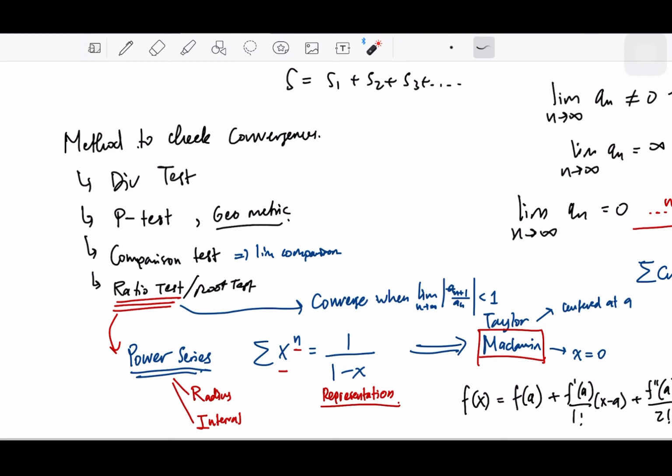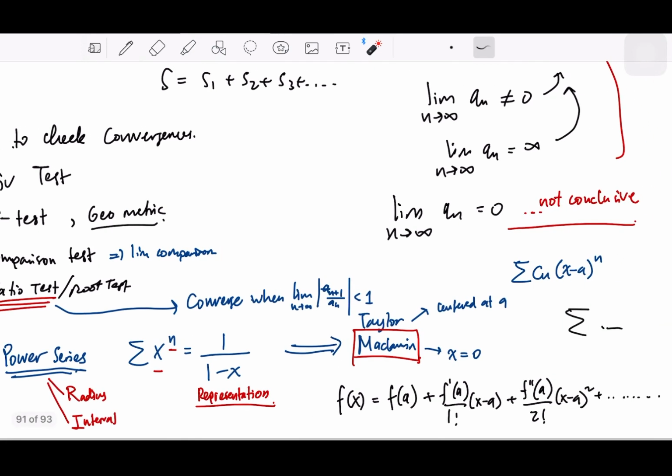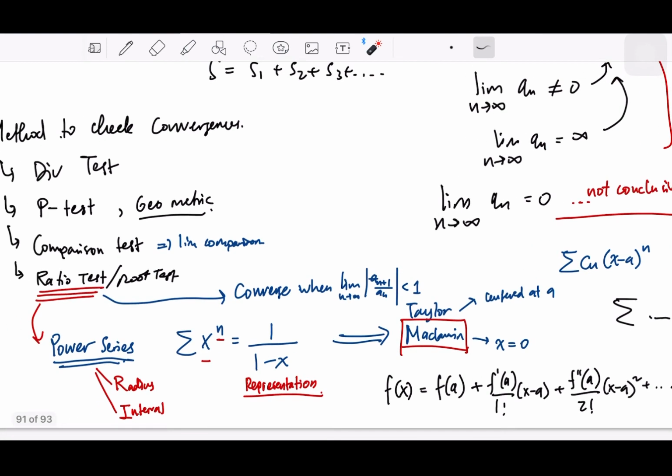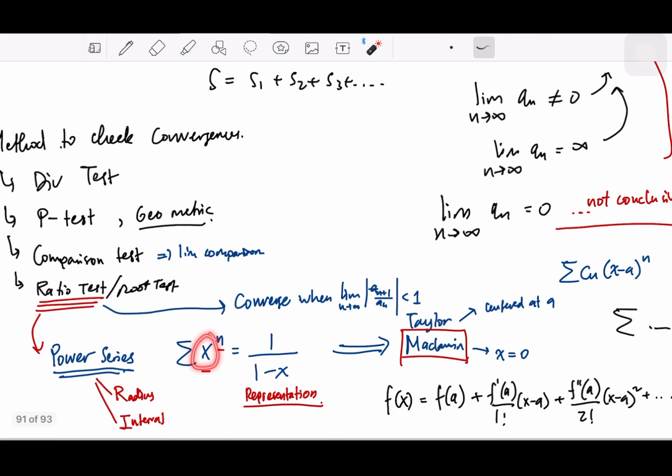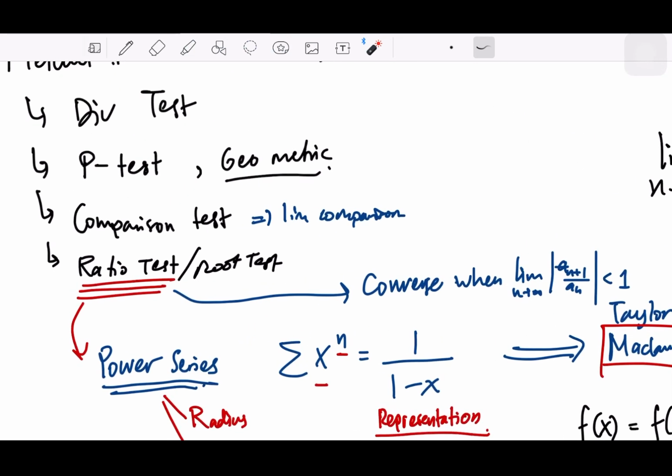The power series begins with this x with the power of n, which we can also rewrite in terms of functions. But in general, what power series means is this. We have x, we have n.